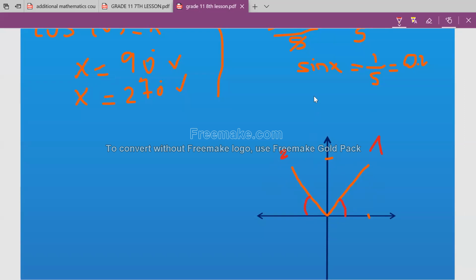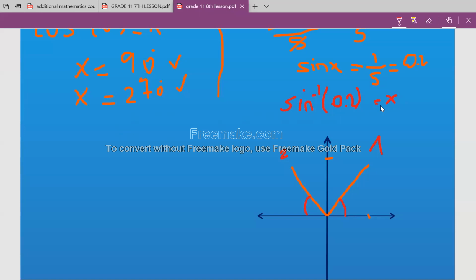So how do we find our acute angle in first quadrant? Inverse sine of 0.2 will give us first solution, which is an acute angle in a first quadrant.